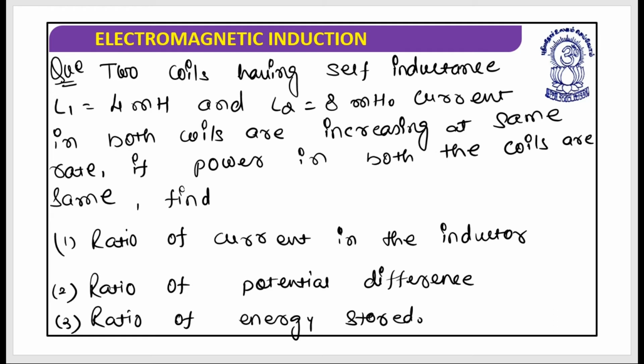So go through the data once and tell me what you understand. They have two coils and the self inductances L1 and L2 have been given, and the current in both the coils is increasing at the same rate.